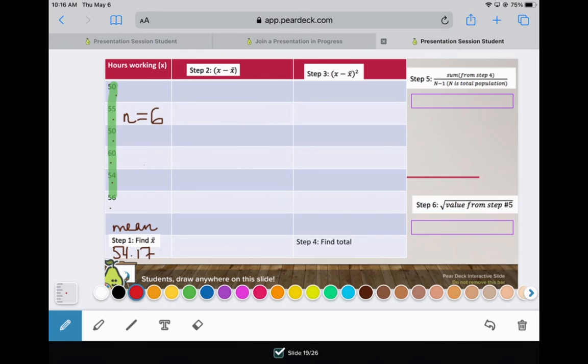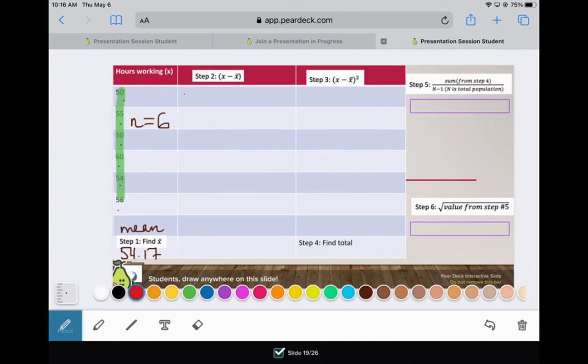You remember what you have to do with step 2. Yes, that is correct. So I will have 50 take away 54.17. So 50 minus 54.17 gives me negative 4.17.